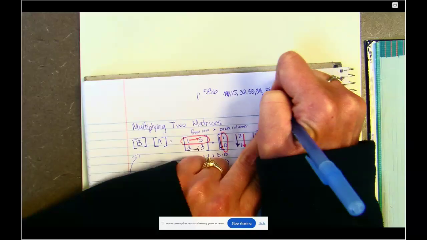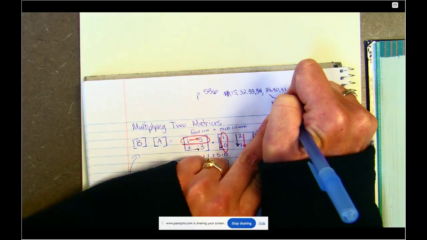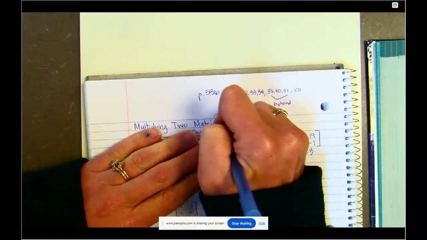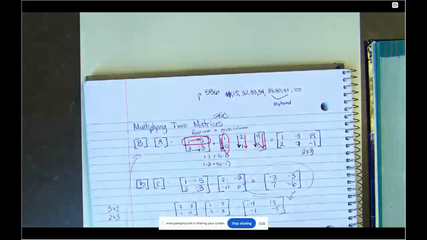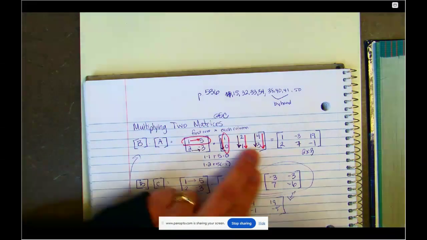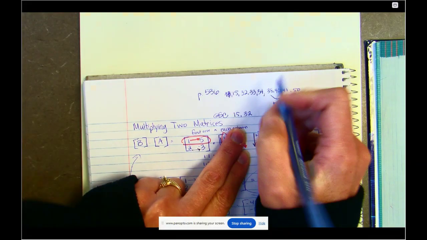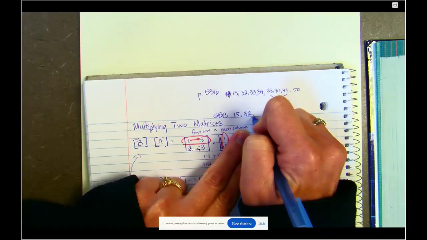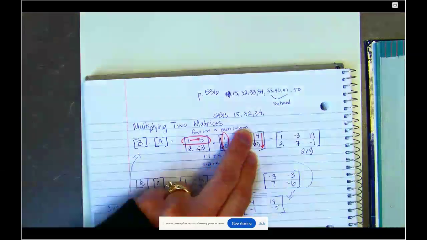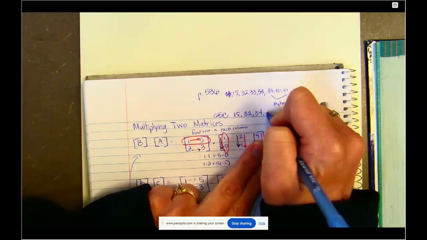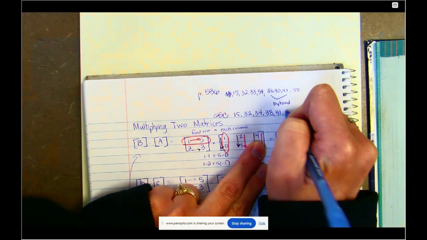I want you to multiply these by hand. And then 50. Gold Star Club: 15, 32, 34, 38, 41, 50. There you go.